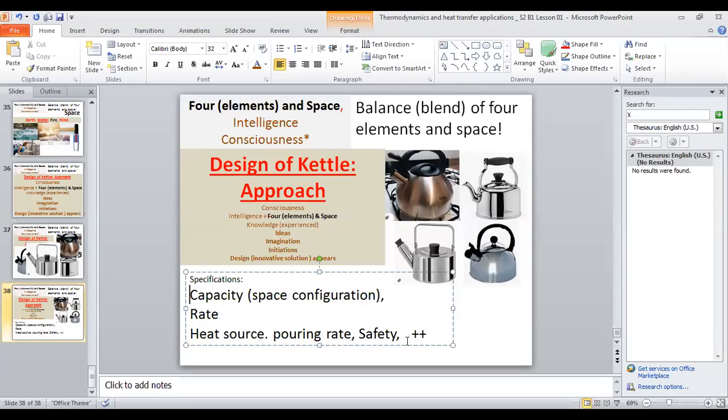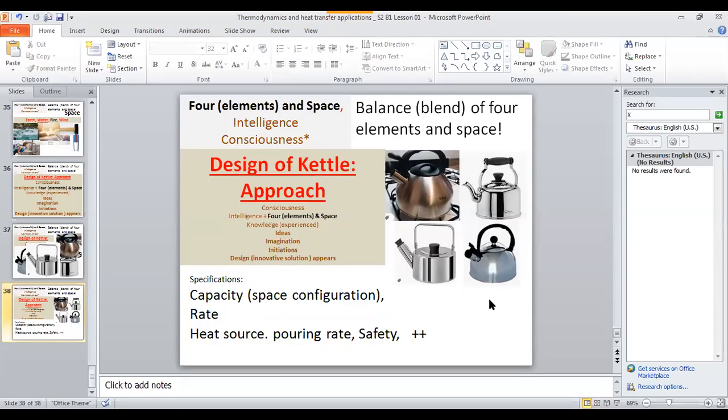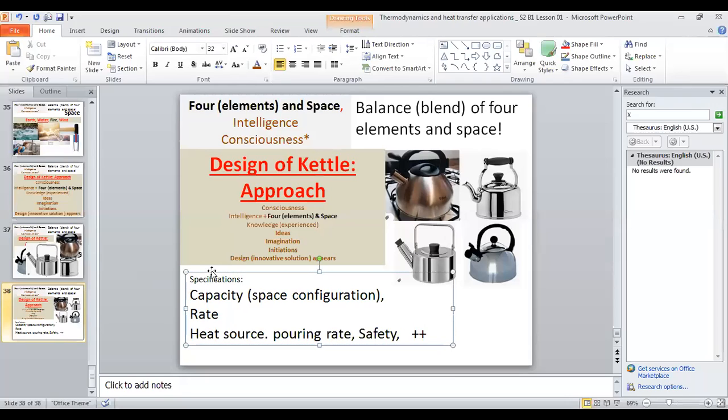Also the handle temperature should be less than this, regarding safety. Now you can outline what the specifications are if you are going to design. Maybe you can do a market survey and then design a kettle.